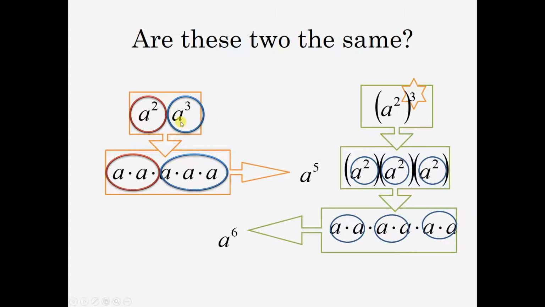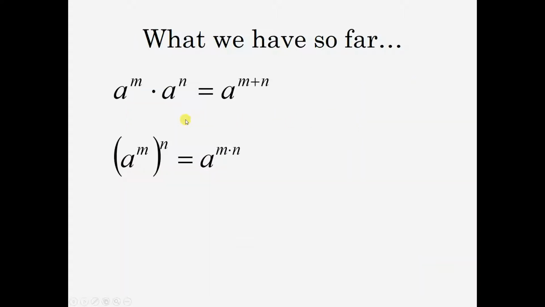And from these 2 examples, we can just generalize and come up with our first 2 properties of exponents that we can use as shortcuts later on. So the first one, the way this is often described, is that if you're multiplying and the bases are the same, you add the exponents. But I want you to know why.